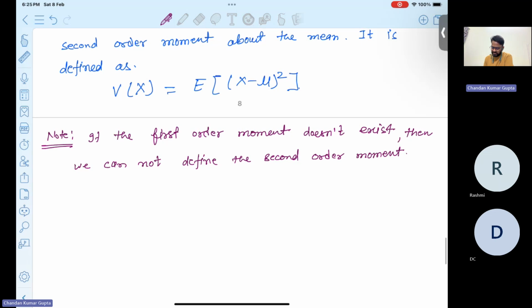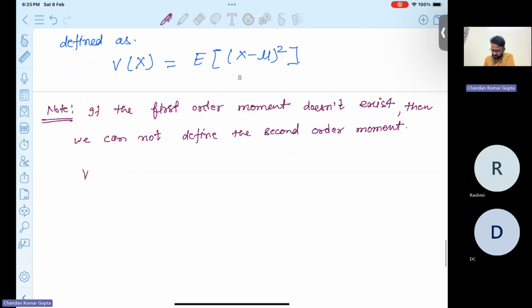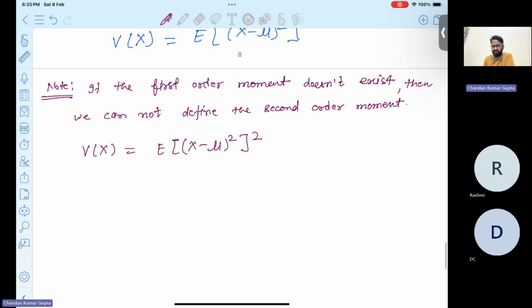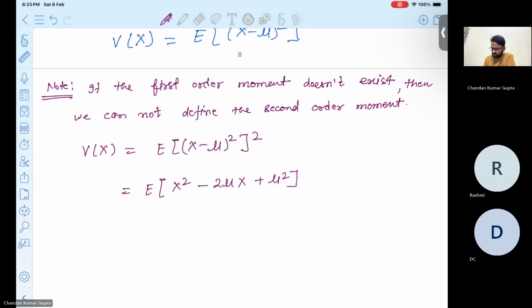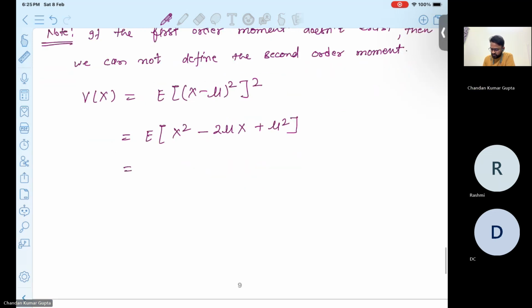It is also because here we see that the variance of X is the expected value of (X minus mu) whole square. (A minus B) whole square equals A square minus 2AB plus B square. So we can expand it as X square minus twice mu X plus mu square. Expectation operates linearly, as we have discussed above.